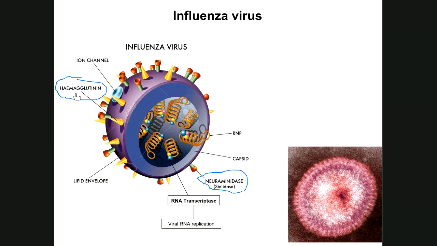They often refer to hemagglutinin as a glycoprotein spike. That's why they're showing it to you this way. Now, the abbreviation for hemagglutinin is H, and it has been discovered that there are anywhere between 16 to 17 different forms of this type of glycoprotein called hemagglutinin.